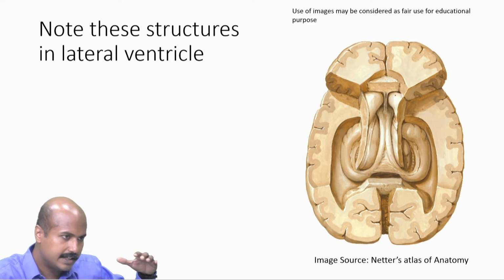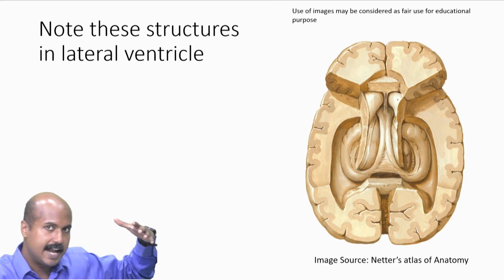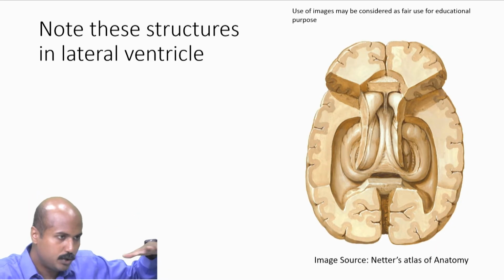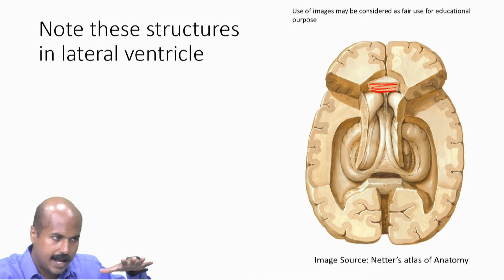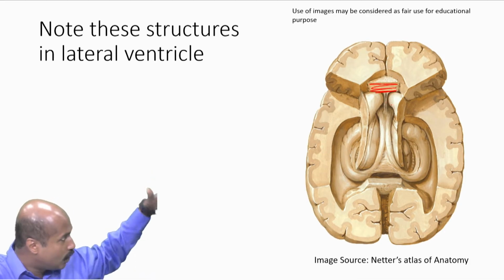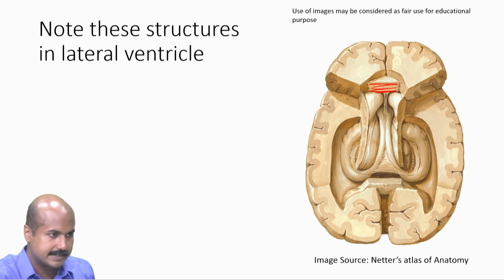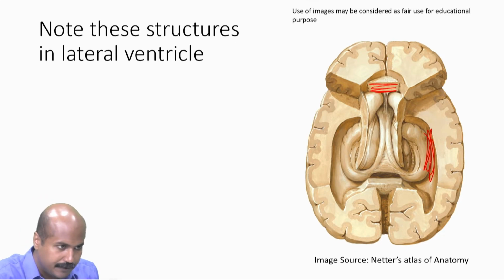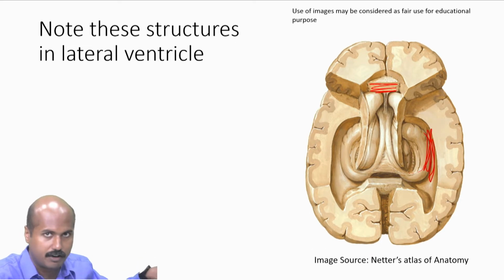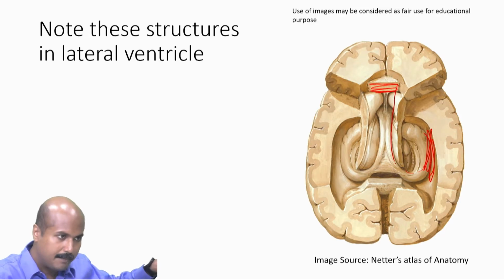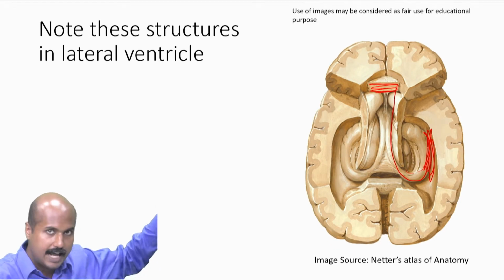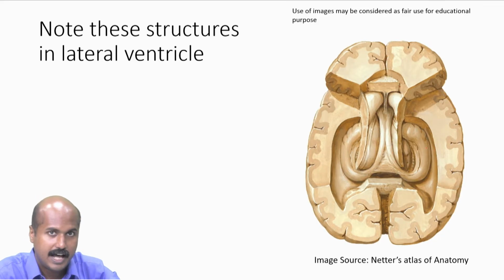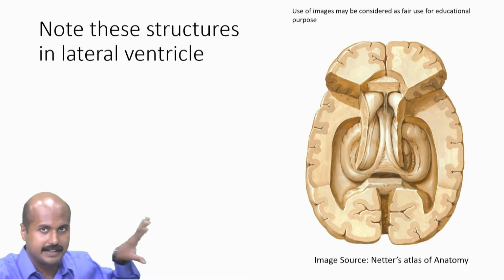Here you are exposing the lateral ventricle from above. You have removed the roof of the lateral ventricle, which had the corpus callosum, so the corpus callosum is removed in this. And here you are seeing the inferior horn of the lateral ventricle. So from the anterior horn to the body into the inferior horn, that much part is dissected out and viewed from above in this dissection.